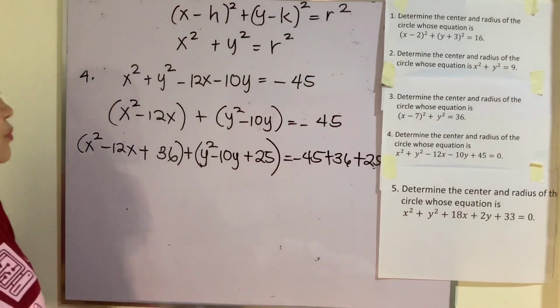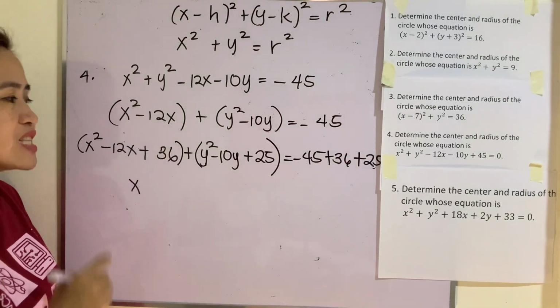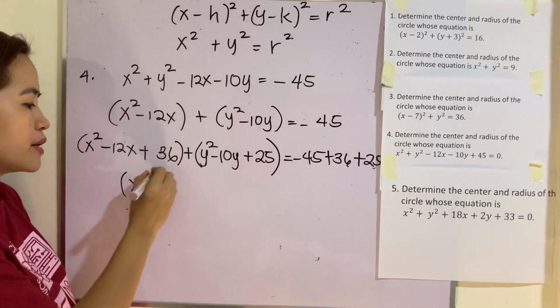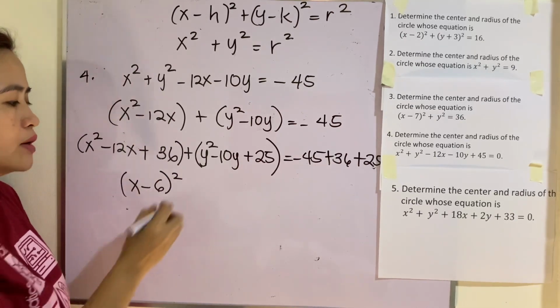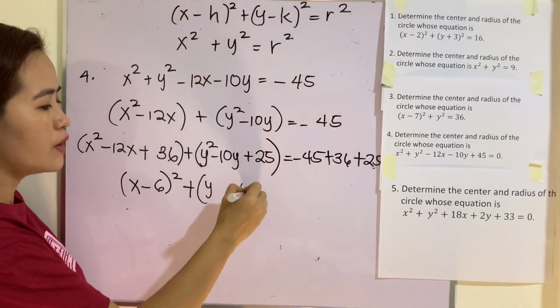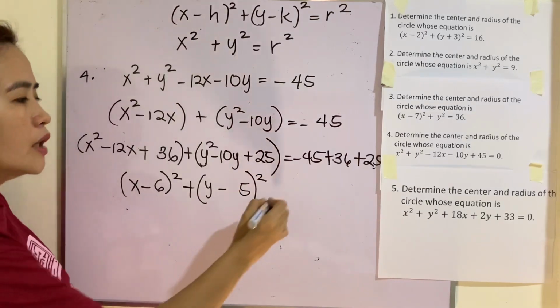This one is a PST now, and I can factor it as a square of binomial. The square root of x squared, the square root of 36, is 6, squared. Plus the square root of y squared, the square root of 25, is 5, minus, that is squared. And then we add this one.